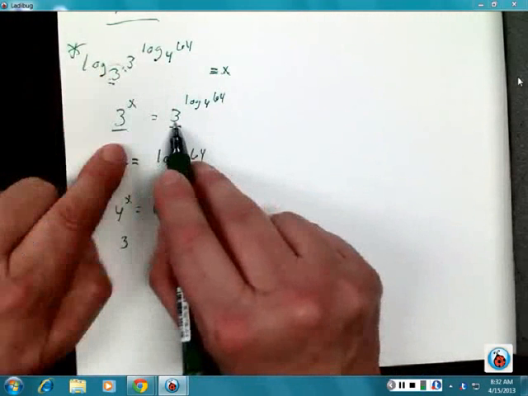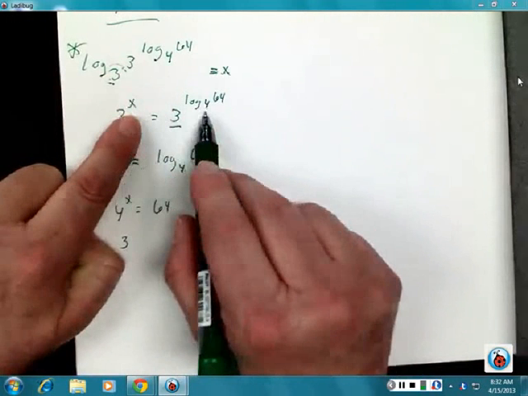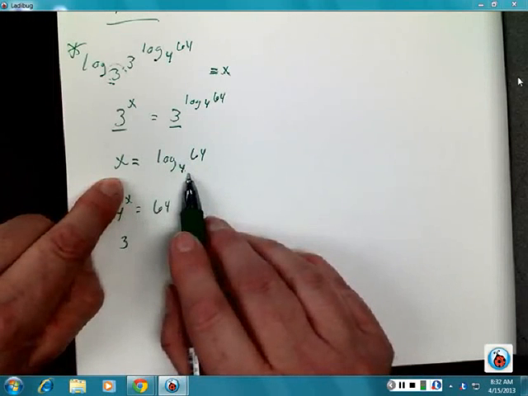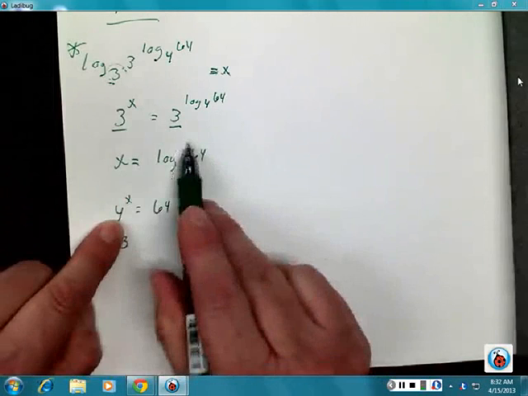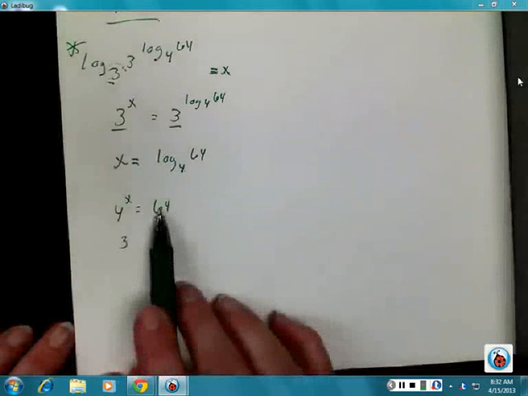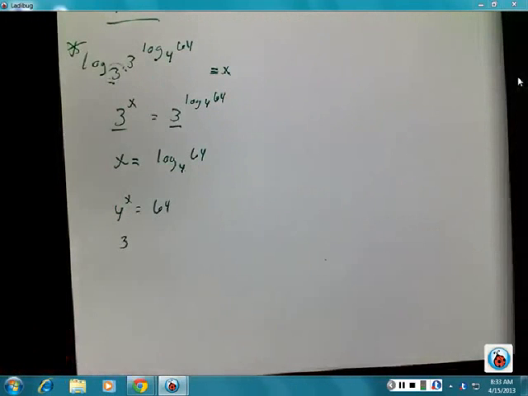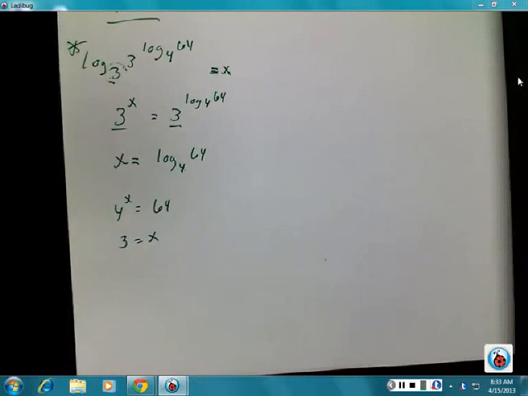Then my bases matched each other, so then I could take my exponents and set them equal to each other. So when I set my exponents equal to each other, then I end up with 4 to the x power is equal to 64. And because we know that the cube root of 64 happens to be 4, I know I can get x is equal to 3. And so I can come up with what my answer would have ended up being in that one. So it's kind of a long one. It's got lots of different pieces in there to that one.